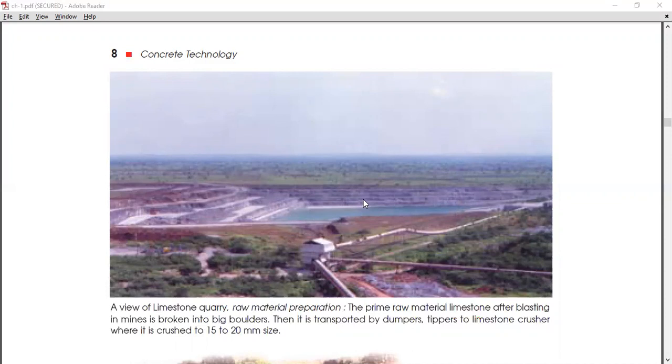Limestone is the basic raw material used in the manufacturing of JK Lakshmi cement. Good quality cement grade limestone is abundantly available in mines within the factory premises, which is spread over an area of 400 hectares.